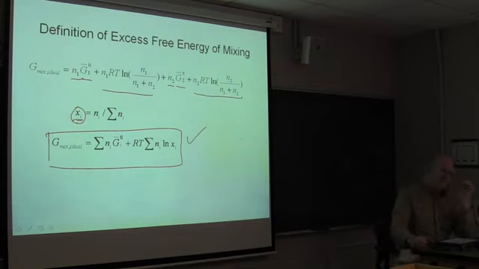So to form an absolutely ideal liquid mixture, molecules of type 1 cannot tell the difference between molecules of type 1 and molecules of type 2. In other words, for this molecule of 1, it doesn't care whether the next molecule over is either 1 or 2. It has the same energy, it has the same free energy. And vice versa. A molecule of type 2 doesn't care if the next molecule over is 1 or 2. It's just as happy in either case.